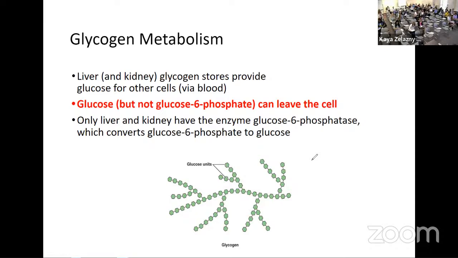So you can store glycogen in your liver and in your kidney, and you can wait until the blood is low on glucose and then start to break down this glycogen, release those little glucose monomers from this larger molecule and send them out. And then your brain, for example, can break down its little glucose chunk to make energy in the form of ATP in our normal aerobic respiration way.